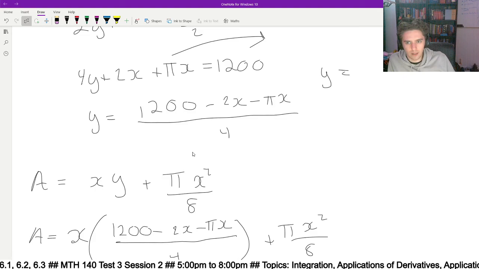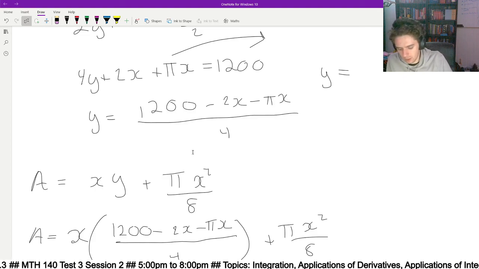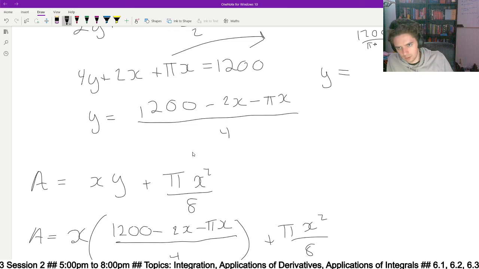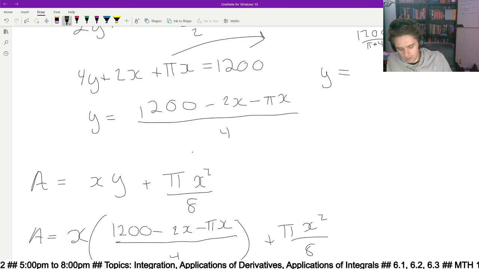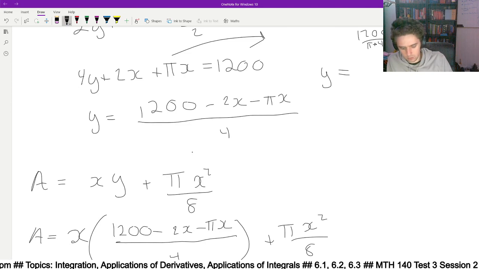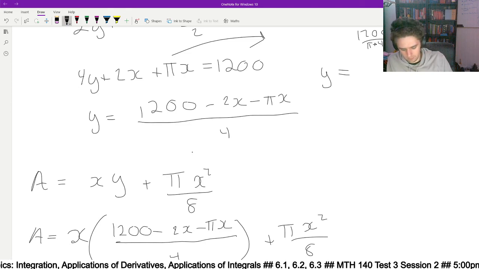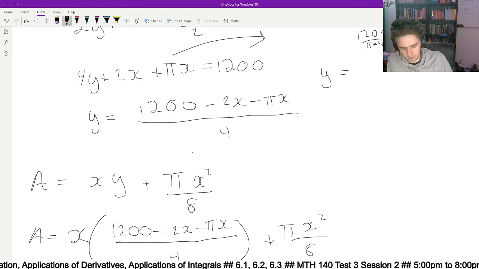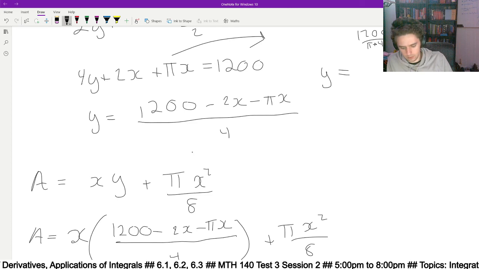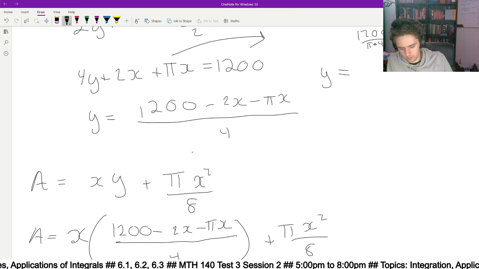So our solution was 1200 over pi plus 4. The y value in that case would be 1200 minus 2 times bracket minus pi times bracket over 4, and 1200 over pi plus 4.